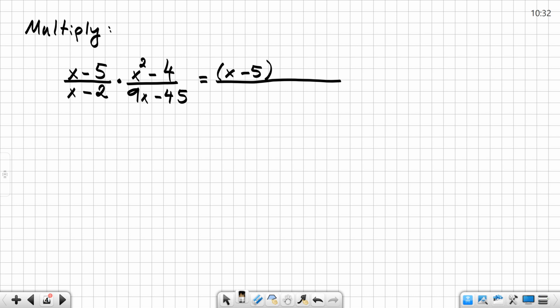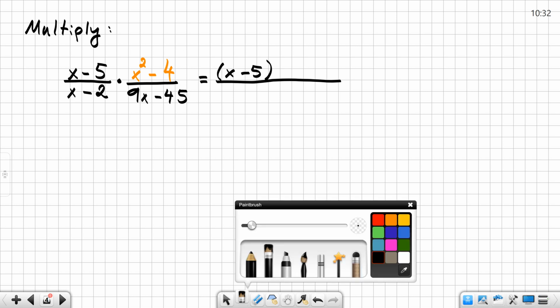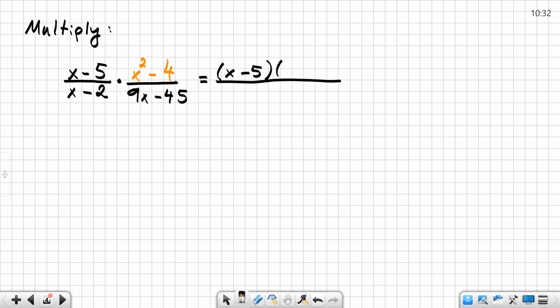But instead of writing times x squared minus 4, I will immediately factor this. x squared minus 4 can be factored. You see how all of our rules for factorization are coming back in this section. x plus 2 times x minus 2. This was the difference of two squares.